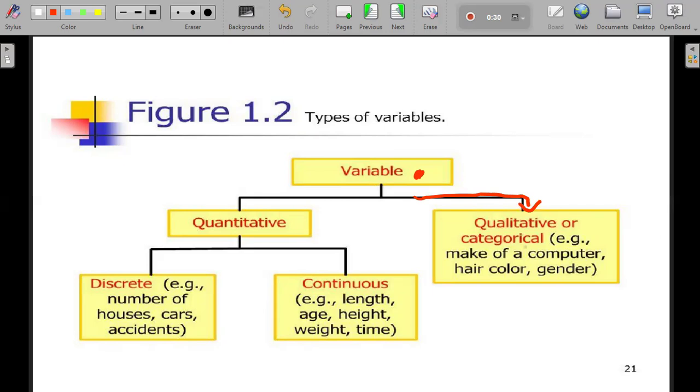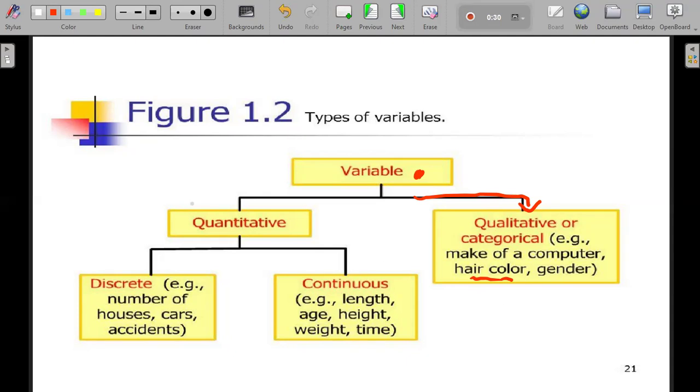An example of a qualitative variable can be hair color. Hair color cannot take a numerical value. You don't say my hair color is 5 blue, you just say it's blue. That blue does not have any number associated with it, so it will be qualitative. That shows you the quality of that hair.